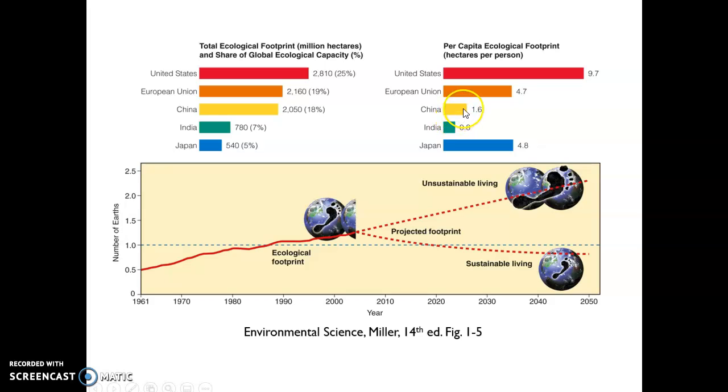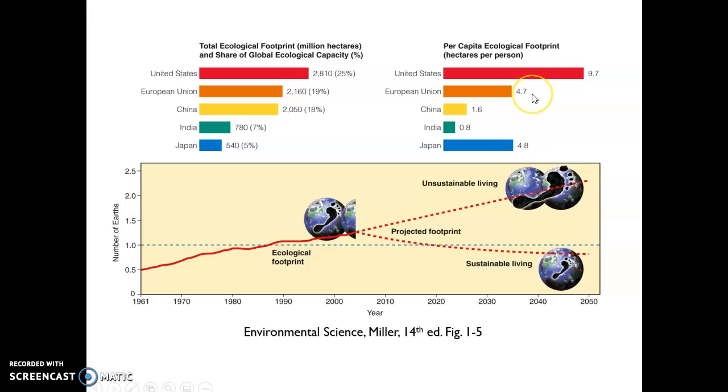And by the way, the United States, it doesn't matter here anyway because this is per capita or per person, but China takes up about the same amount of physical geography as the United States, and yet has a much lower per capita footprint. India even lower. Japan is a developed country, similar to the European Union and the United States, and they have a footprint that's similar to the European Union.